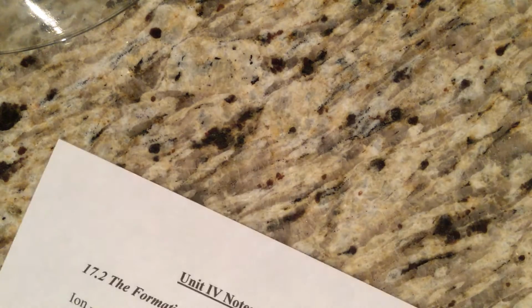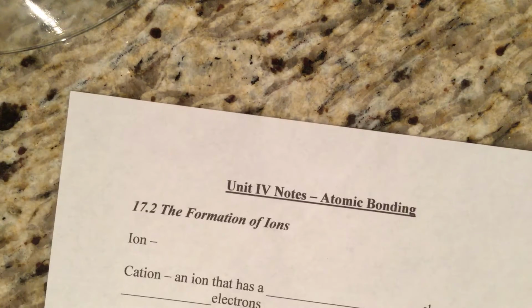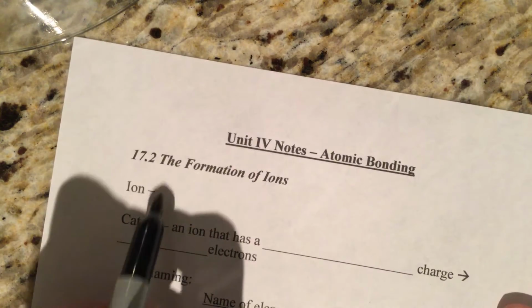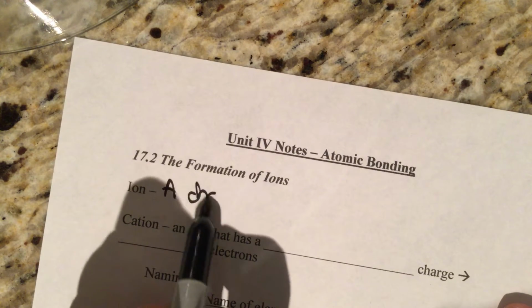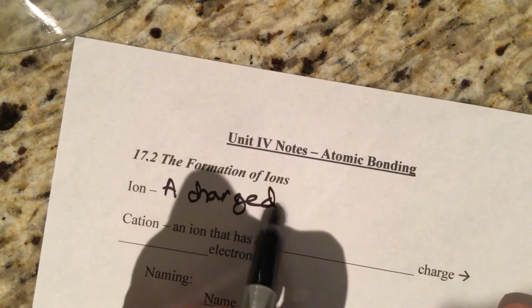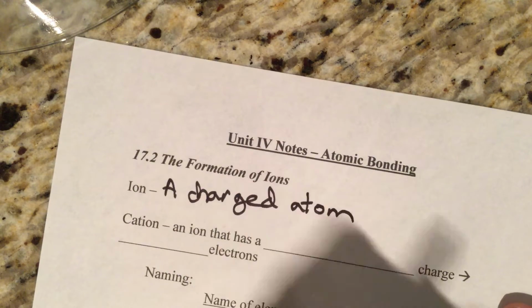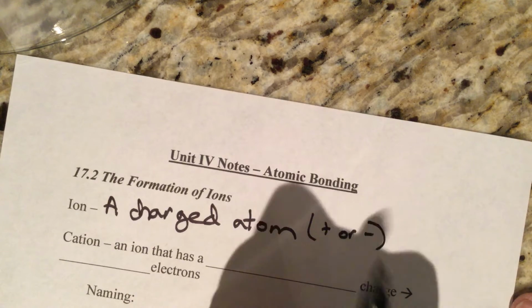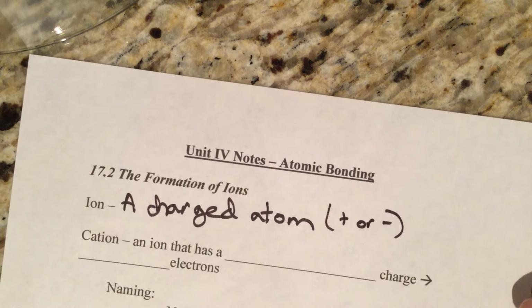So we're going to start off here with the term ion, and an ion is simply a charged atom, and it can be positive or it can be negative, okay?